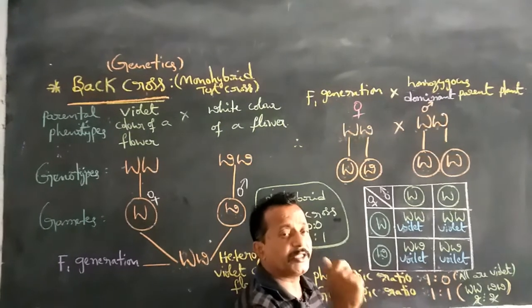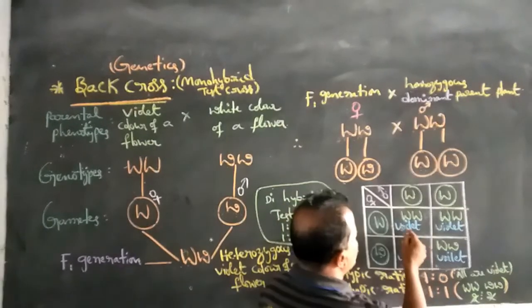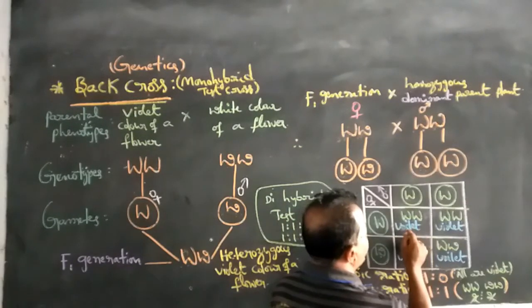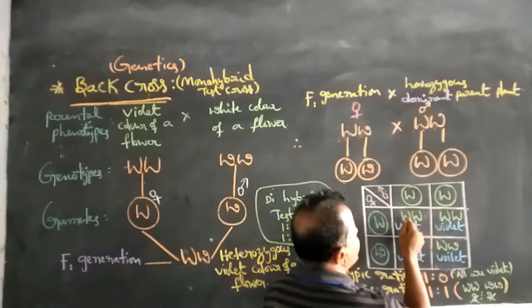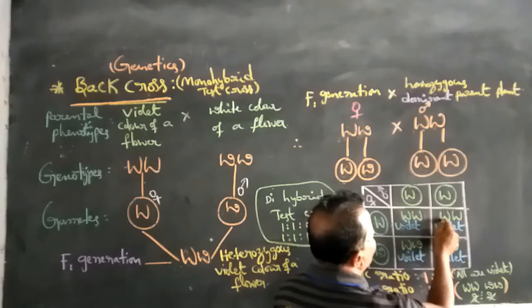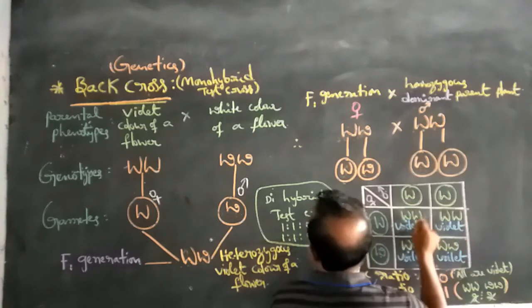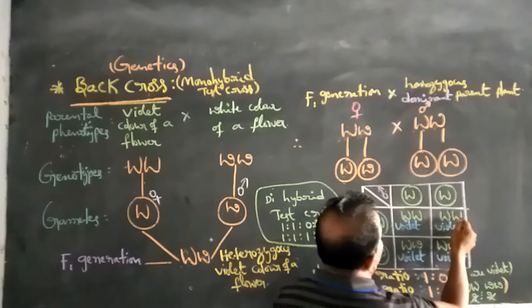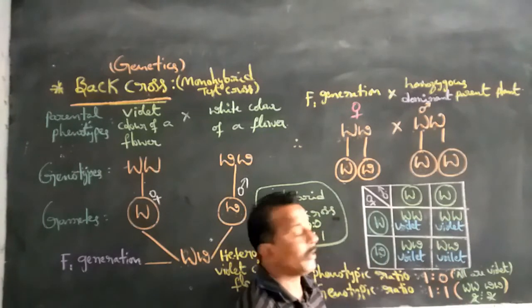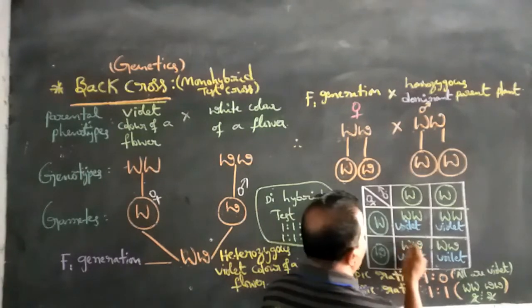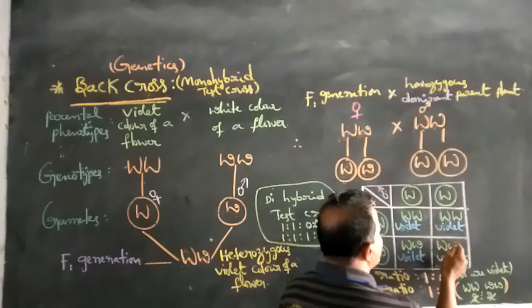Why? Because the violet color of the flower is produced with two types of genotypes. One type is capital W capital W, capital W capital W, capital W capital W, and capital W capital W. And the other is capital W small w and capital W small w.